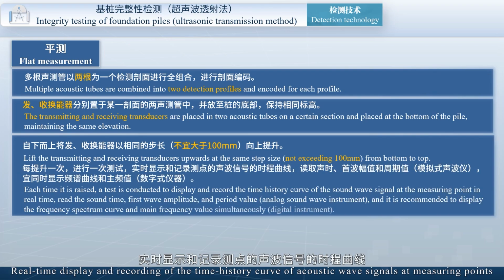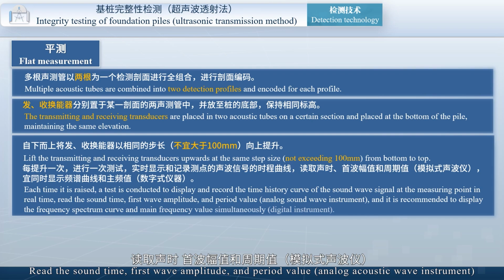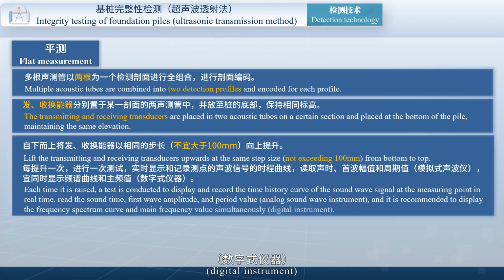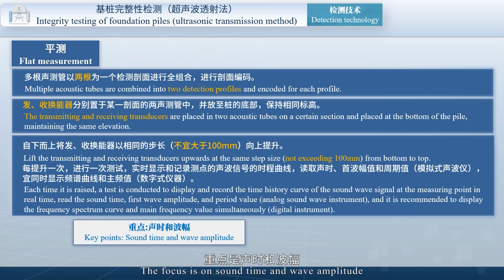Real-time display and recording of the time history curve of acoustic wave signals at measuring points. Read the sound time, first wave amplitude, and period value from the analog acoustic wave instrument. It is advisable to simultaneously display the spectrum curve and dominant frequency value on a digital instrument. The focus is on sound time and wave amplitude.